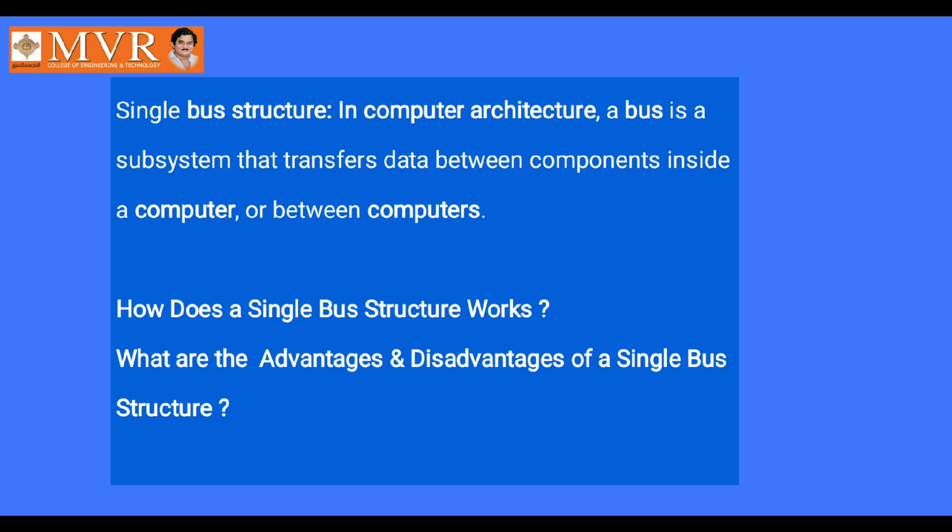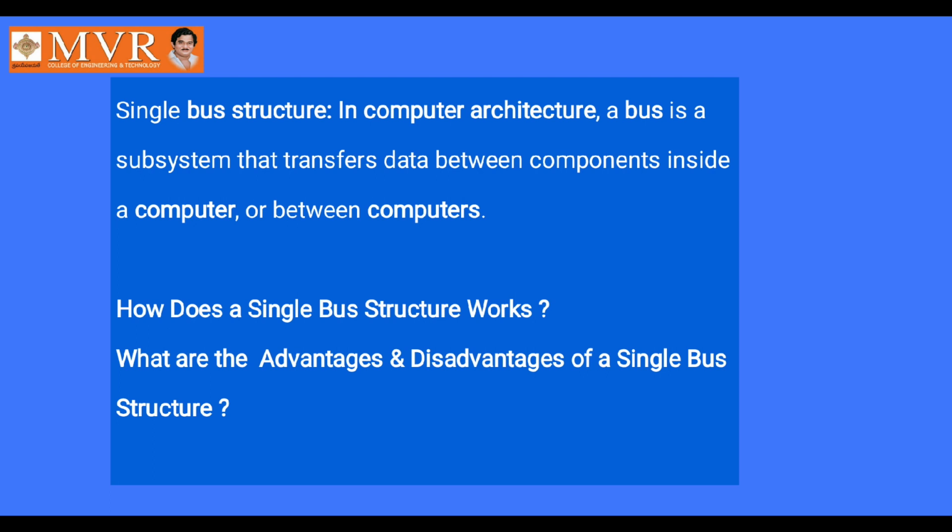By using this single bus structure, we communicate between only two devices at a time. In the single bus structure diagram, one common bus is connected with the input, output, memory and processor.